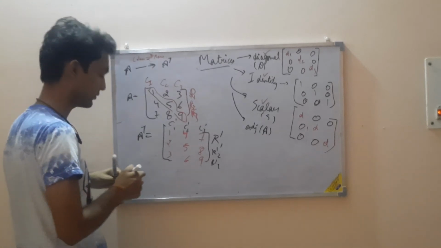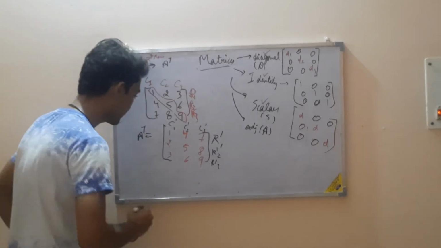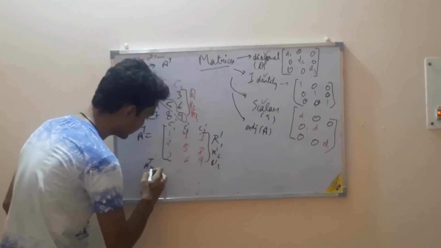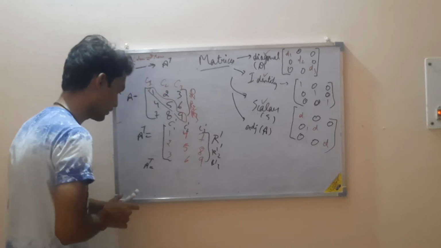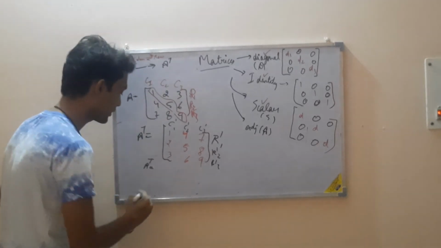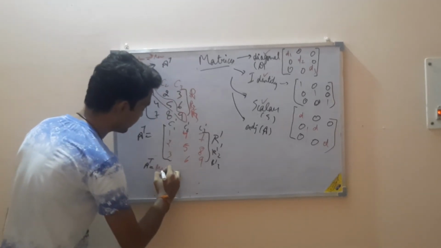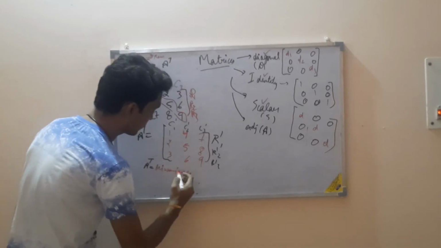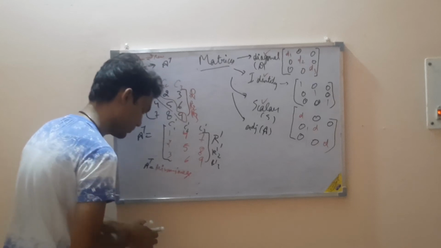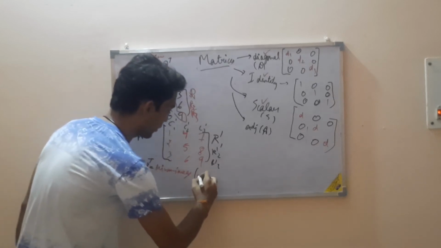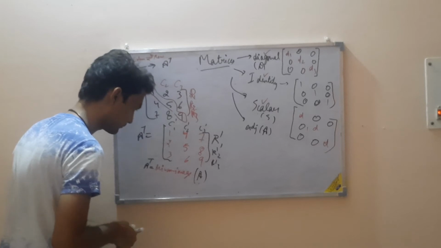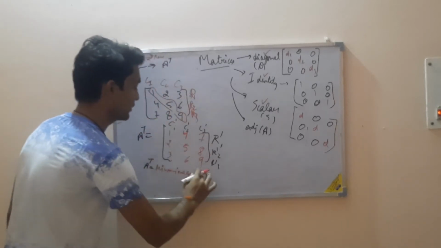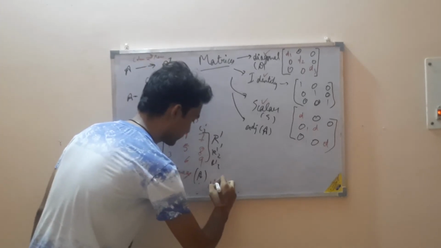Okay, so we can write it in this way too. A transpose is, this is not an equality sign first of all. A transpose is the mirror image of a matrix at the diagonal.